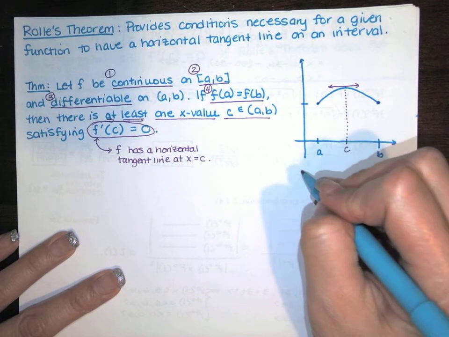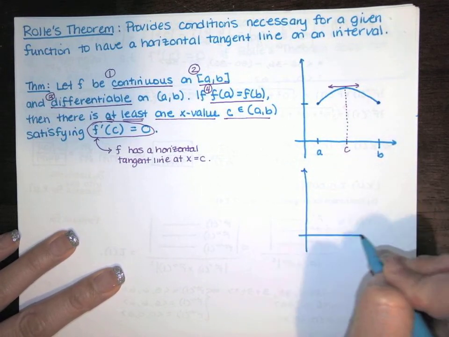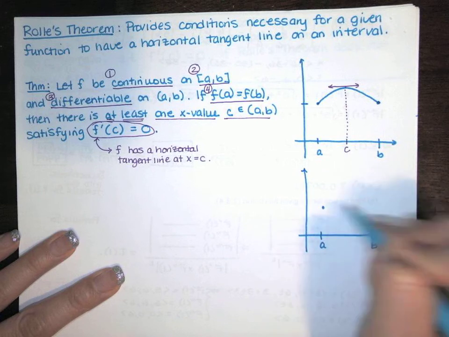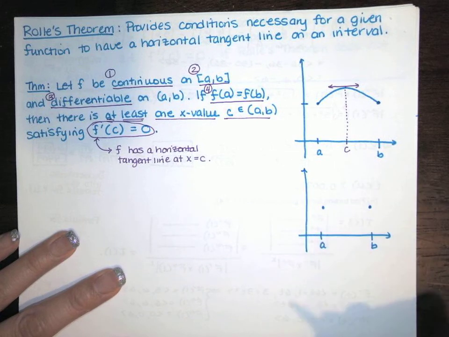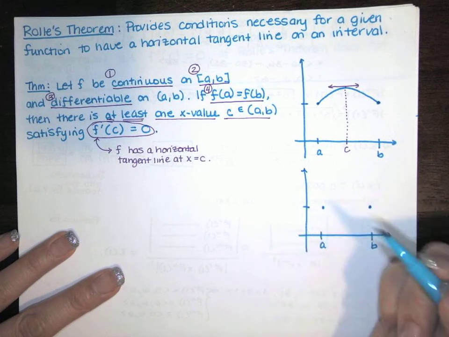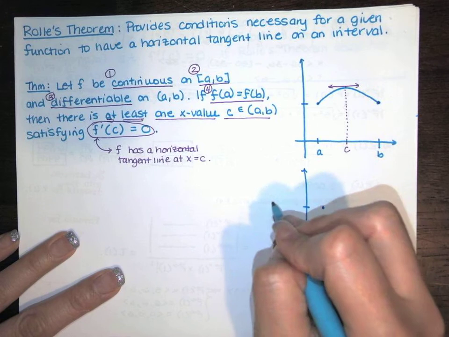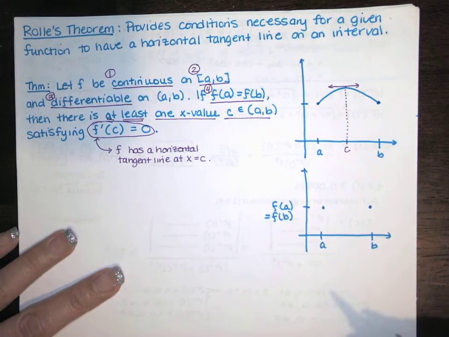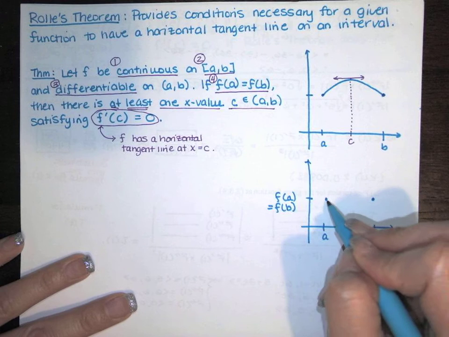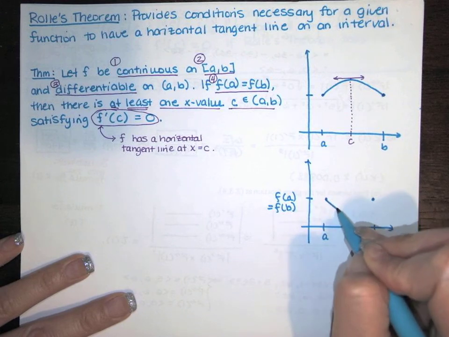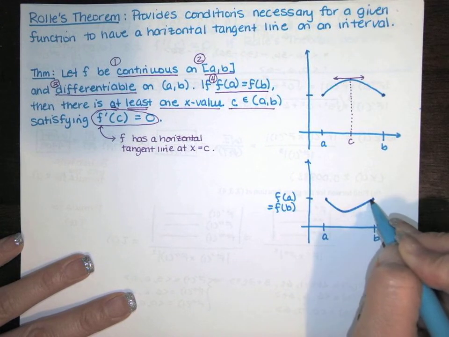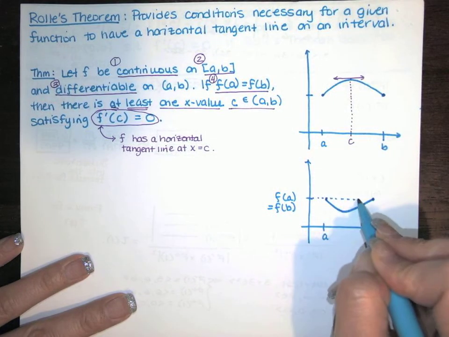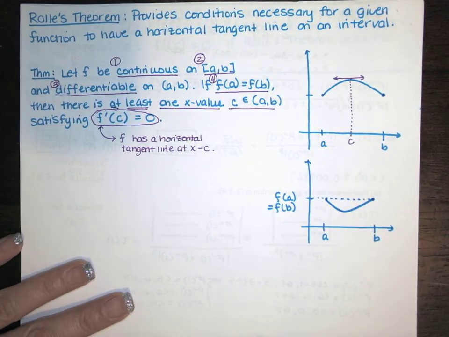Now the other possibility is this. If the y values are the same, and our graph is nice and smooth, the y values are the same at the endpoints, so f of a and f of b are the same thing, and the function goes down, well then it has to come back up sometime if it's going to be at the same y value at b that it was at a.